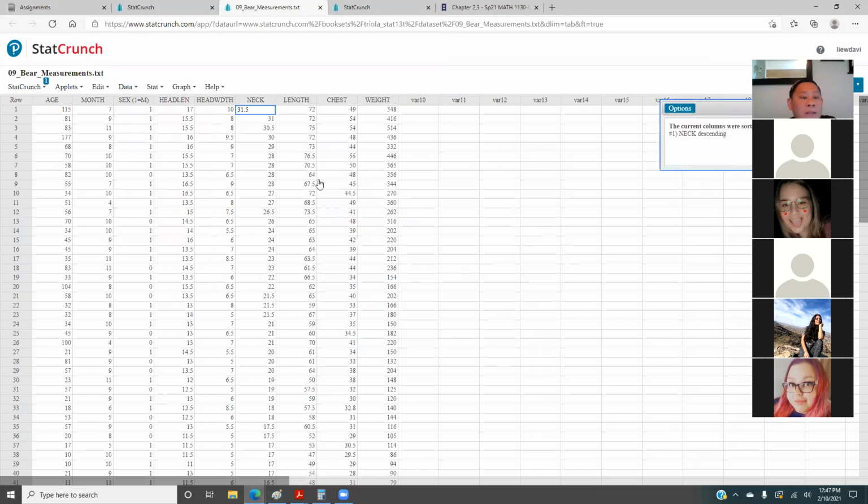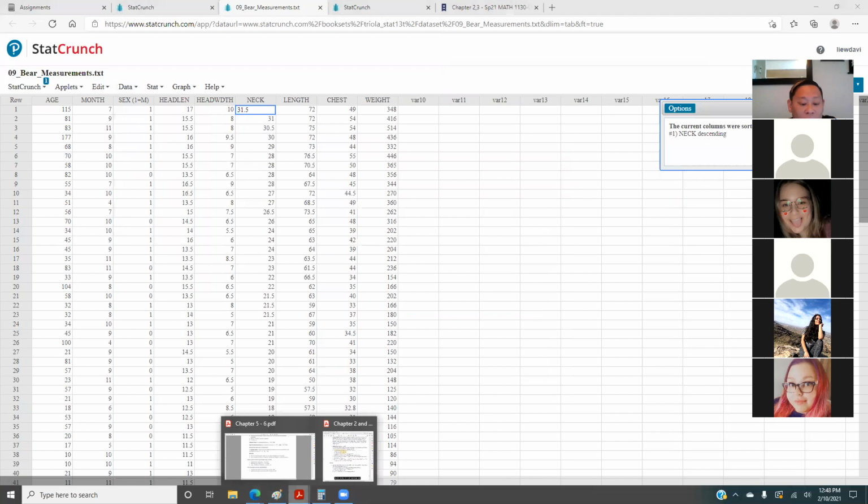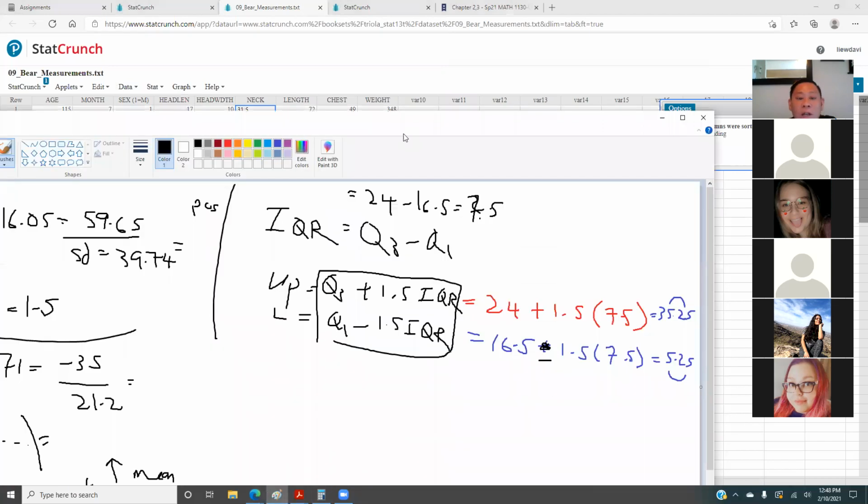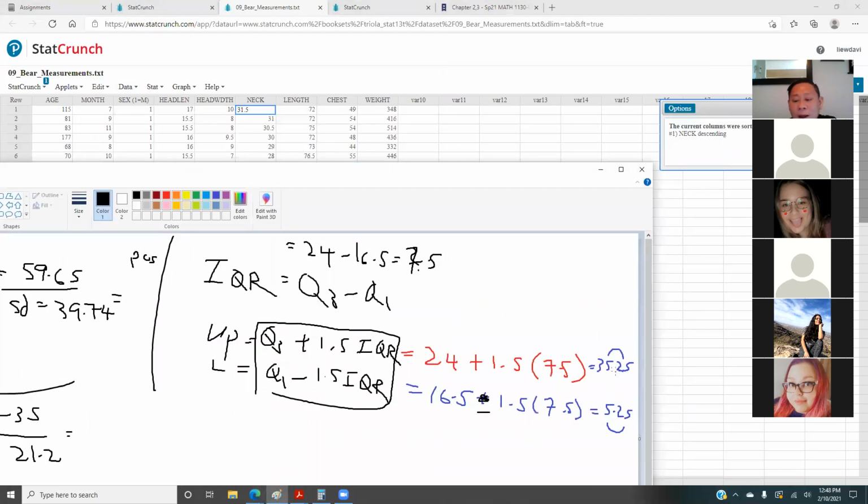So your neck is going from big to small. The highest neck length is 31.5. If you look at your calculation, 35.25, 31.5, this is good, because 31.5 is inside this range, so it's not an outlier.